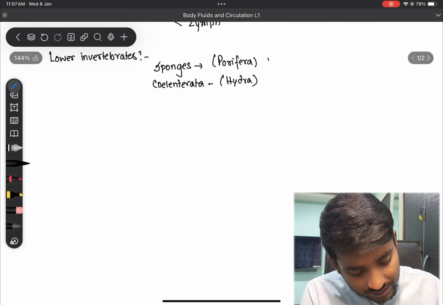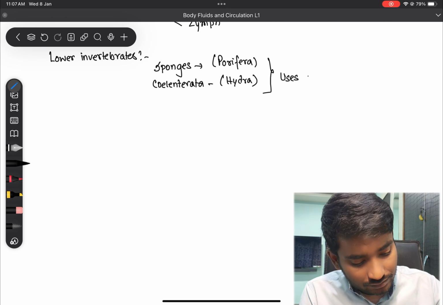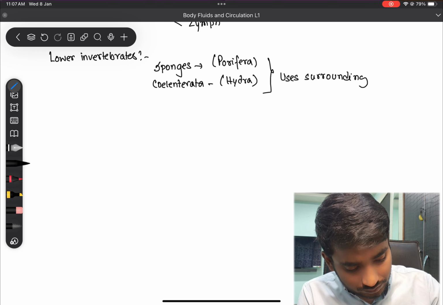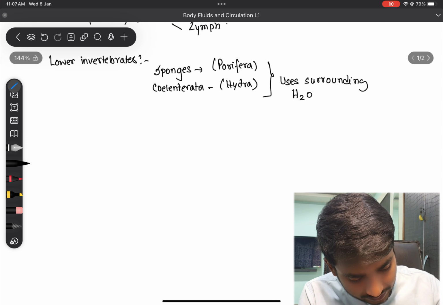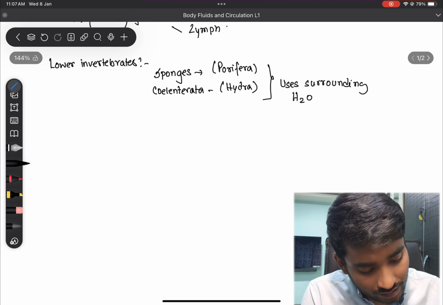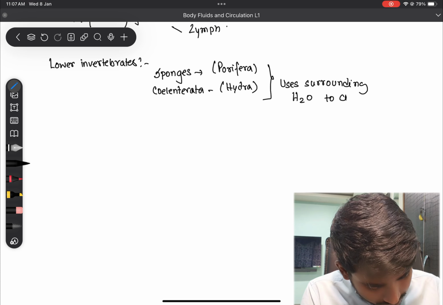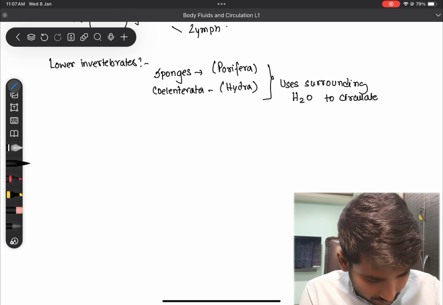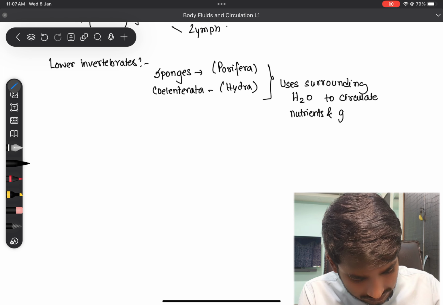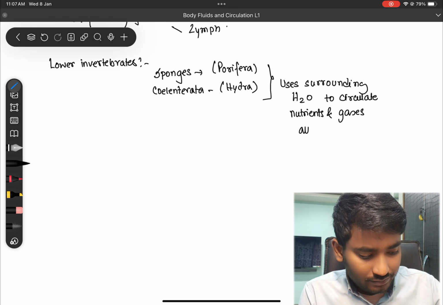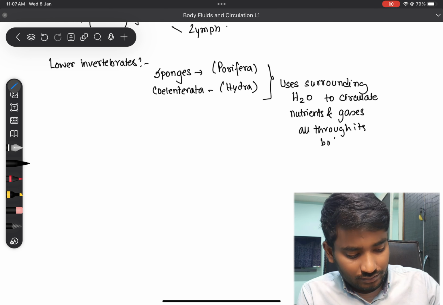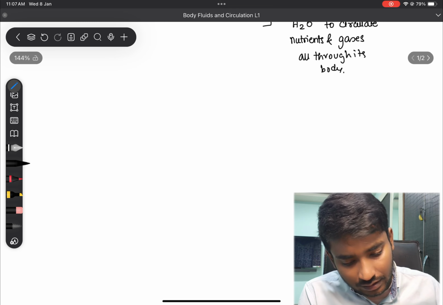These two use surrounding water to circulate nutrients and gases all through the body.